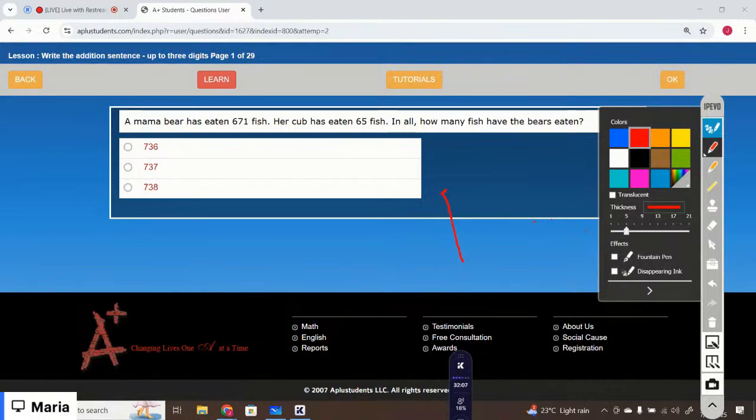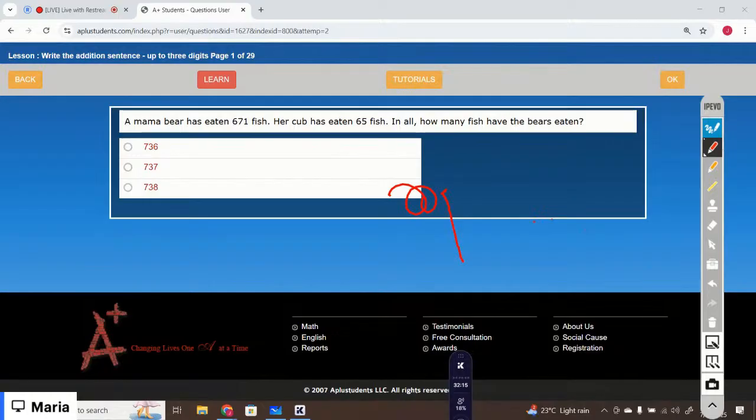Okay, so 671 plus 65, right? Let me add them. Add the digits at the ones position: 5 plus 1 is 6. Now add the digits at the tens position: 6 plus 7.